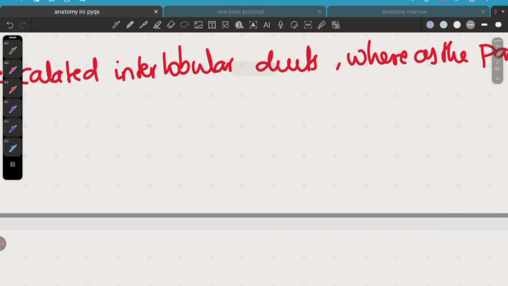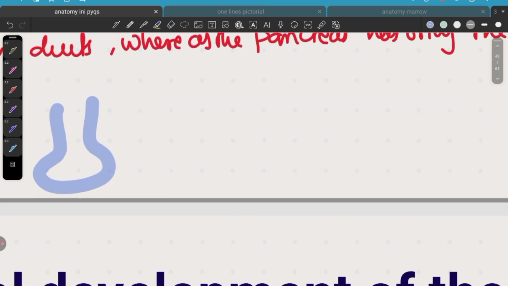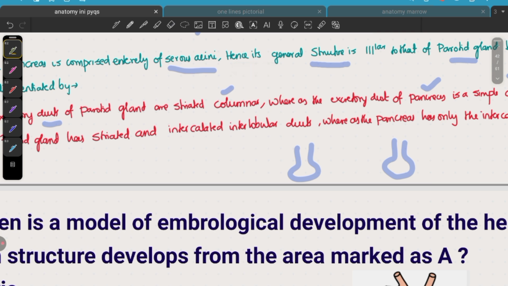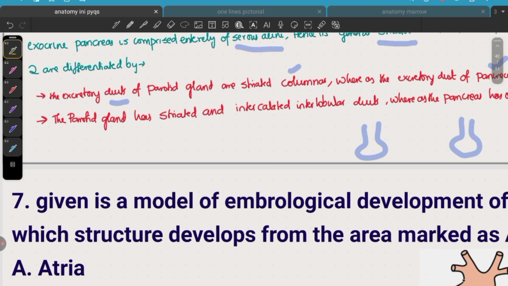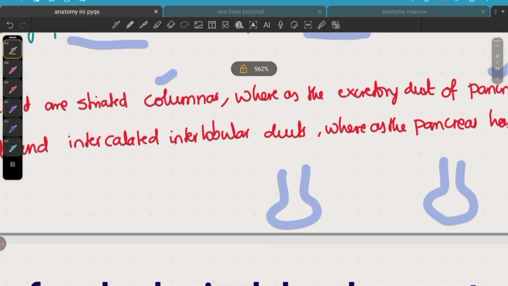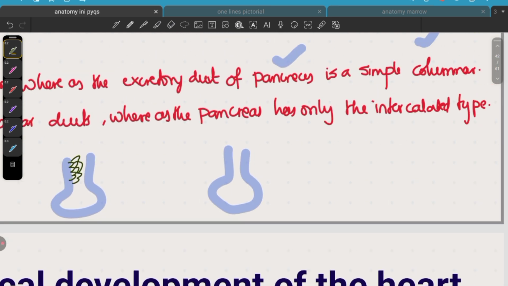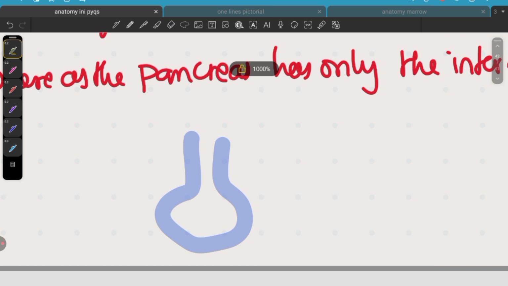Understood? Parotid gland, let's think this is one acini and this is the acini of the pancreas. They are telling that the excretory duct of the parotid is striated columnar, whereas pancreas is simple columnar, not striated.